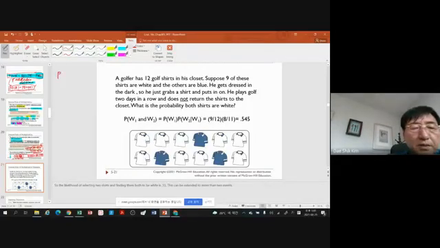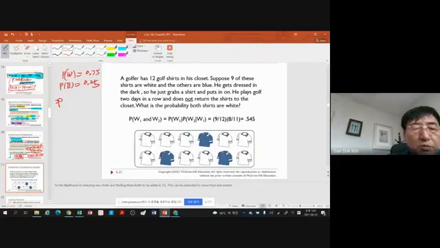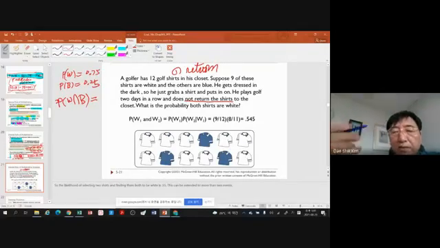Here P(white) is 0.75 and P(blue) is 25%. But my question is, when he chooses two shirts, white and blue. Important: do not return. If he returns the shirt, the first day he just returns it, let's assume he may use the same shirt next year.